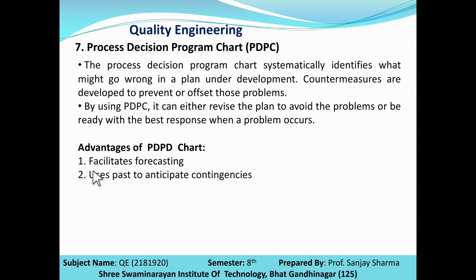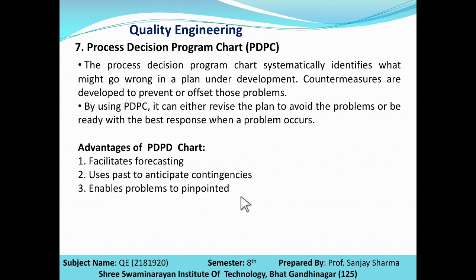What do you mean by facilitation of forecasting? It gives the information of the future, uses the past to anticipate contingencies. So it uses the past factors to correct the future one. Enables problems to be pinpointed.